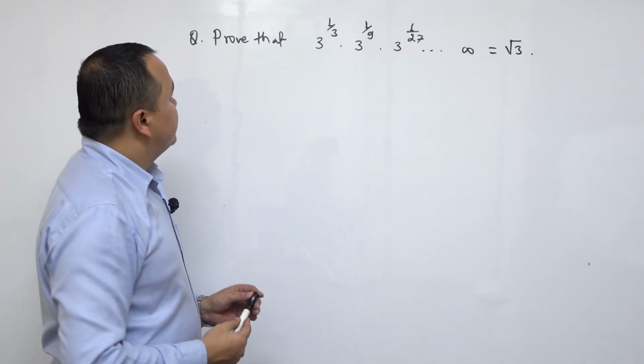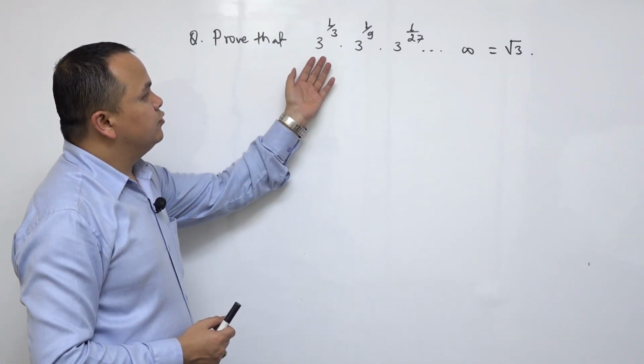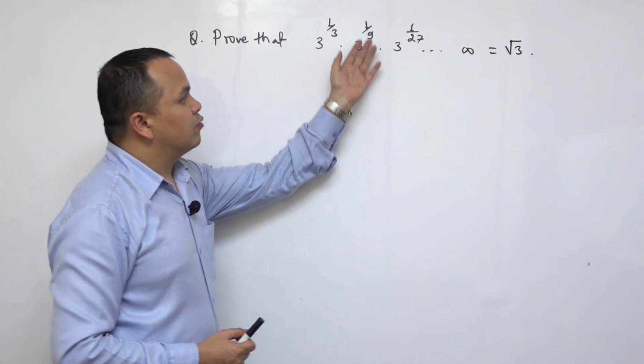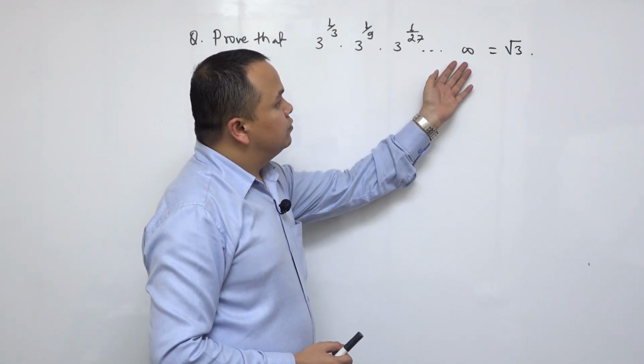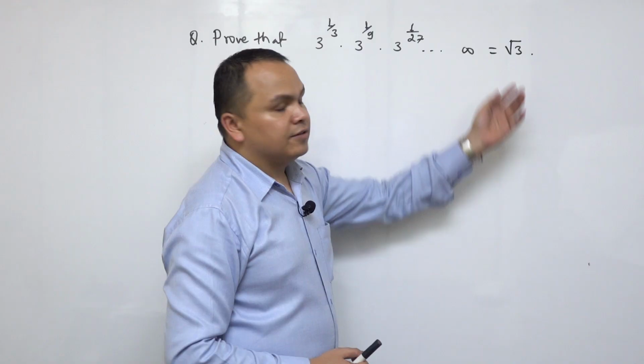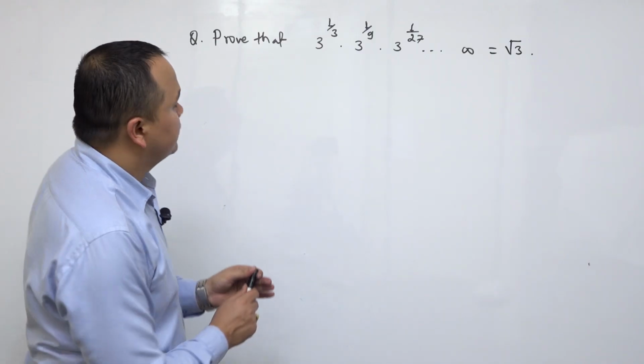Okay, we take another example to prove that 3 to the power 1 upon 3, 3 to the power 1 upon 9, and 3 to the power 1 upon 27 to infinity is equal to root 3. Solution.